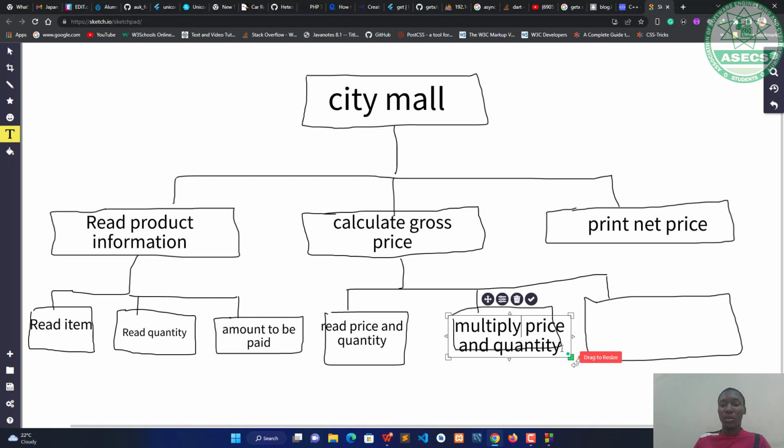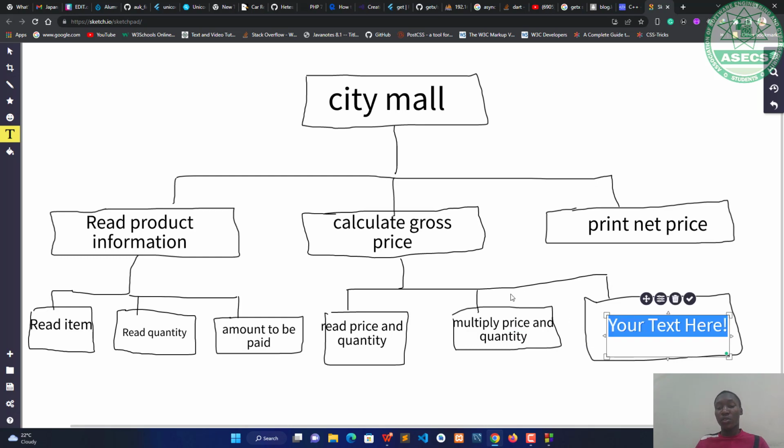This price and the quantity, we should be able to multiply. We should multiply price and quantity. Then over here, the net price, it should be what? Amount to be paid. Amount to be paid by that customer.